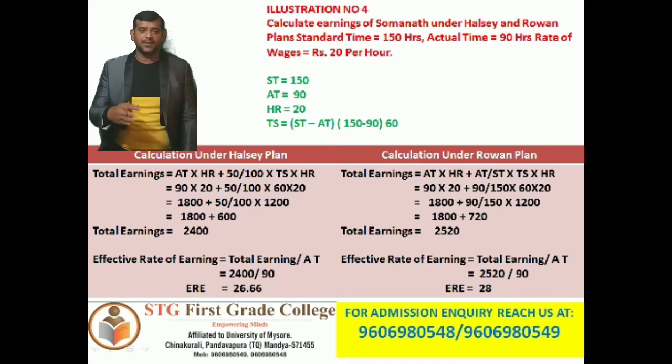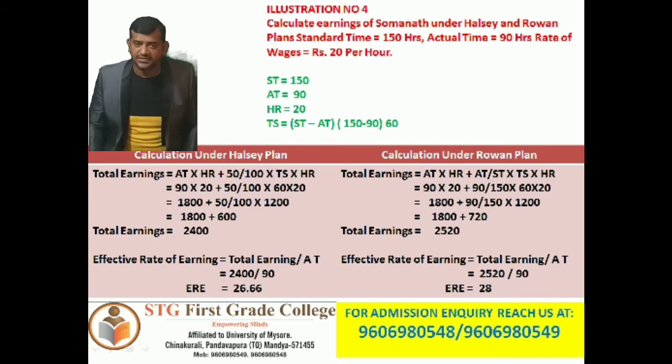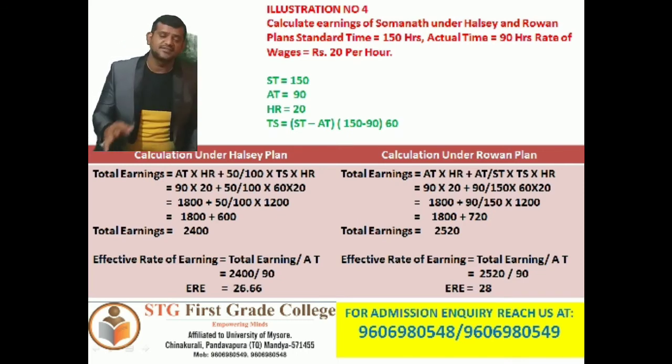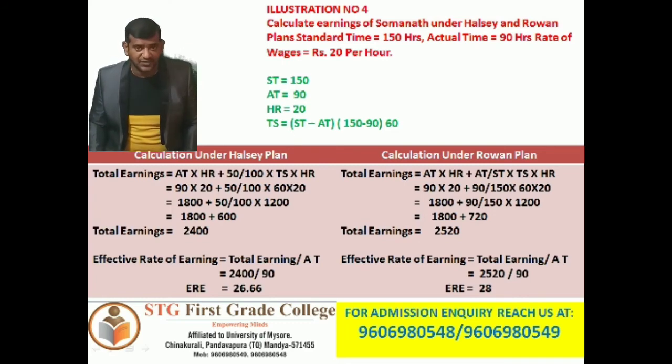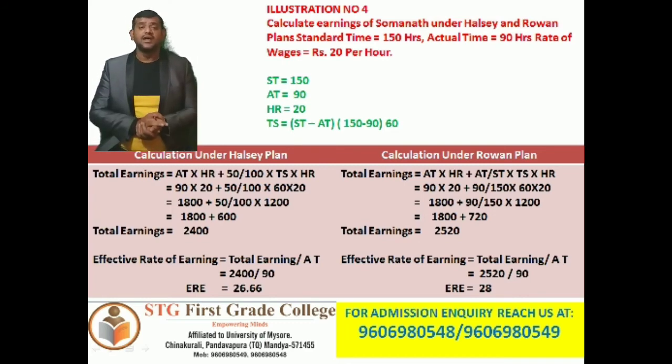So next step, 1800 plus 600. How you got 600? 50 divided by 100 into 1200. So that comes to 600 rupees. Okay, 600 rupees. So 1800 plus 600. Total earnings is 2400. Effective rate of earning equals total earning divided by actual time, that is 2400 divided by 90. So effective rate of earnings is 26 rupees 66 paise. So we are done with the Halsey plan.